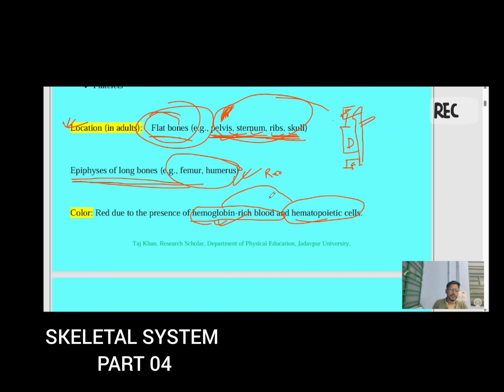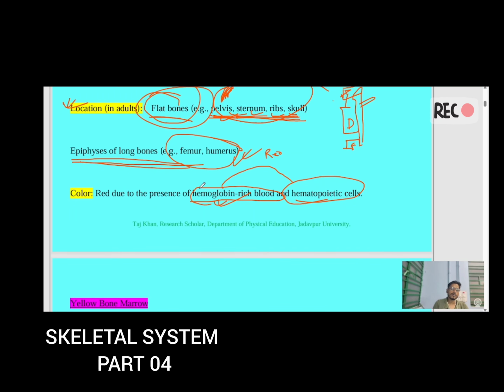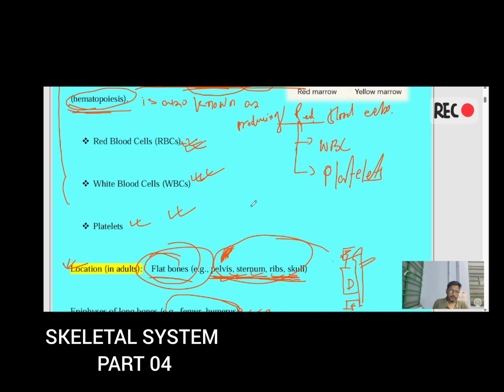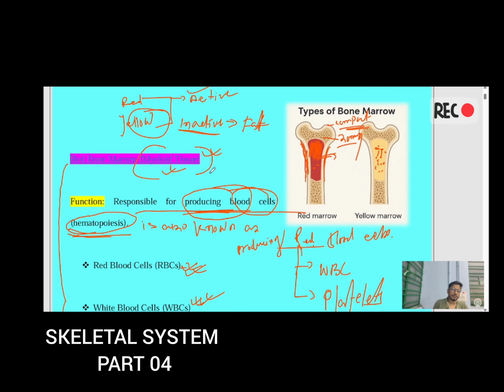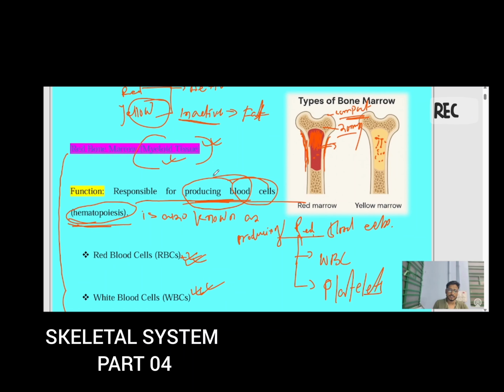What is the color and what is the cause of the color of red bone marrow? You have to answer: the hemoglobin-rich blood and hematopoietic cells. So it's all about the red bone marrow or myeloid cells.